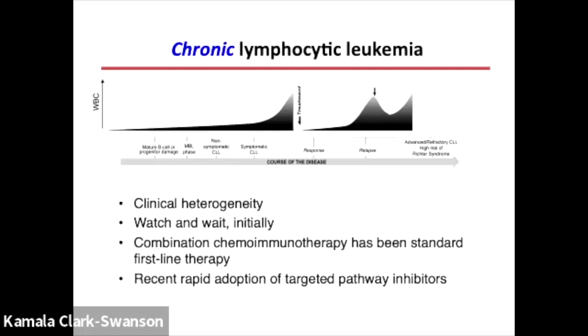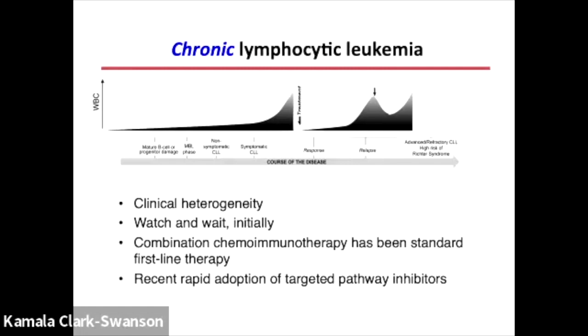And so watch and wait is the clinical approach once CLL is diagnosed. CLL is one example of a cancer that can be easily tracked because the white blood cell count does correspond well with the disease burden in patients.